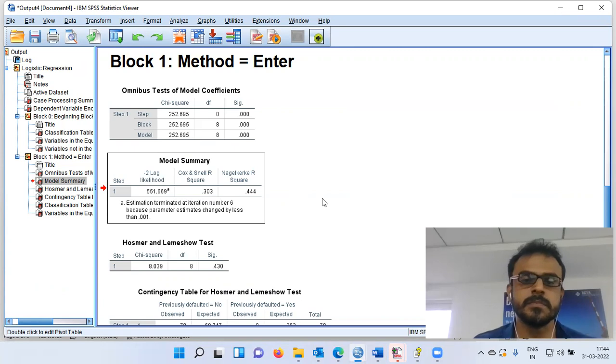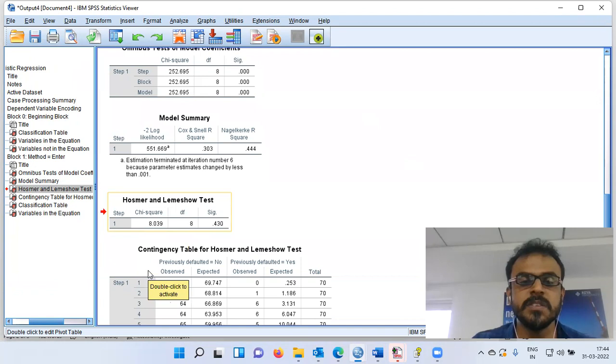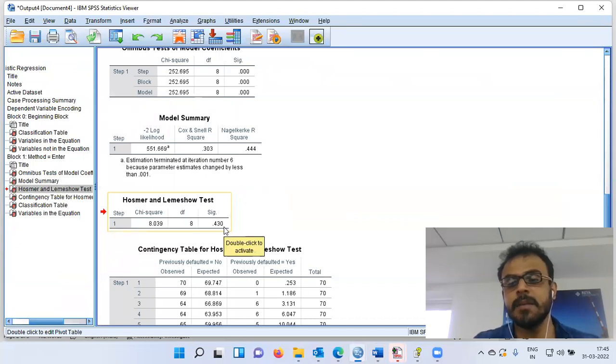Even before I answer this question, let us explore the Hosmer and Lemeshow test. If you look at the chi-square value, SPSS displays a chi-square value of 8.039 and degrees of freedom of 8. But interestingly, when you look at the significance level, it is 0.430, which is greater than 0.05. I repeat, 0.430 is greater than 0.05.